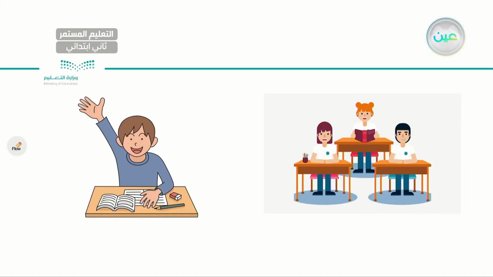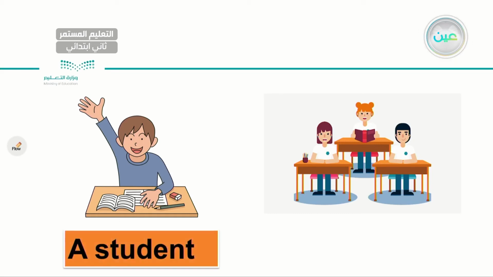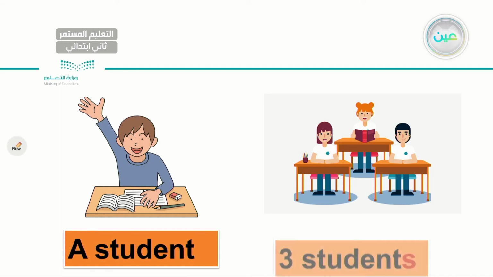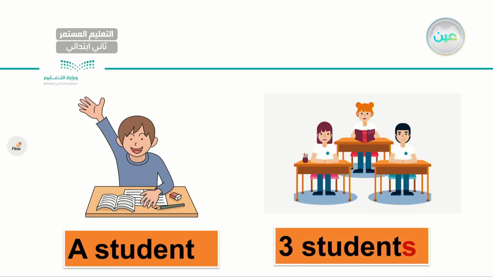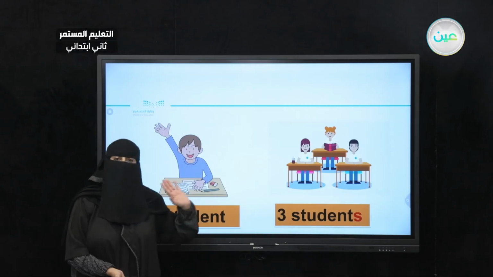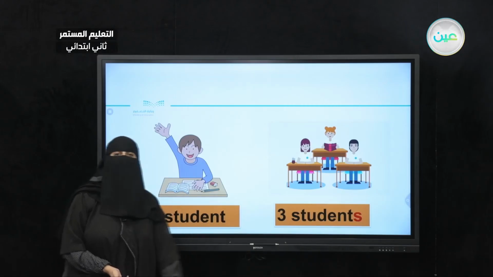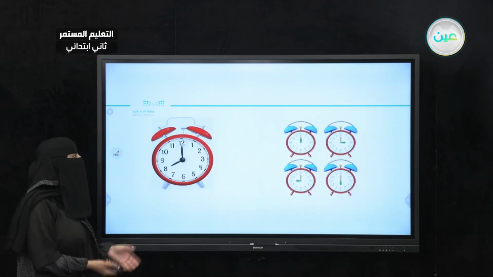How many students can you see? A student. So here I'm using an article, a student. I have 3 students. Very good, very good. So let's read one more time. I have a student. I have 3 students. Very good, 3 students.